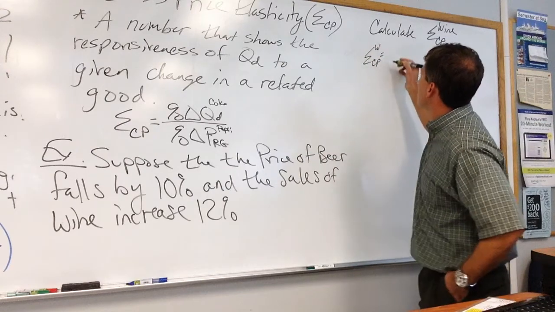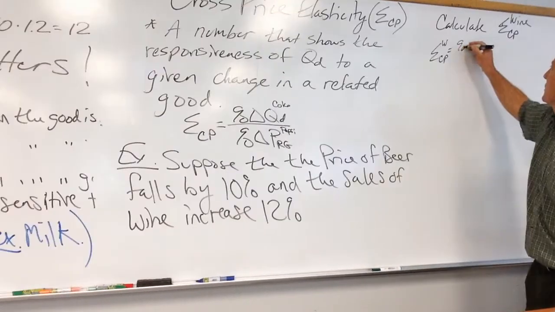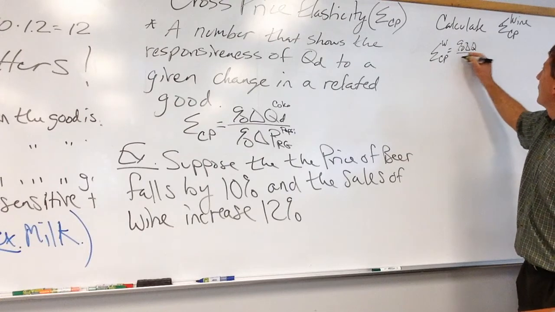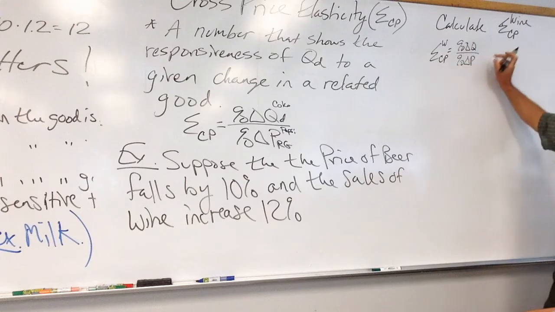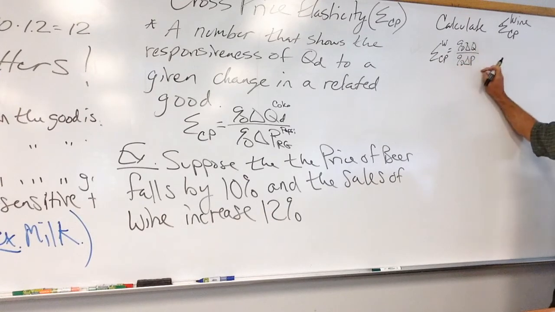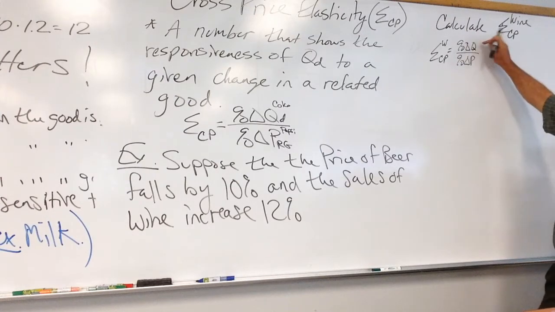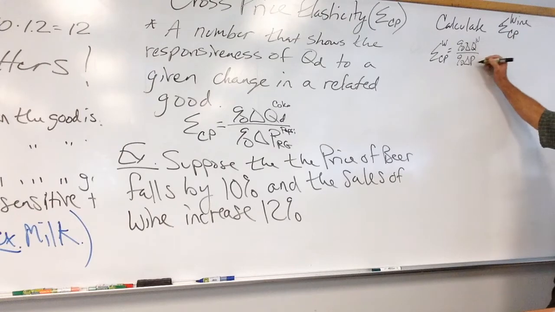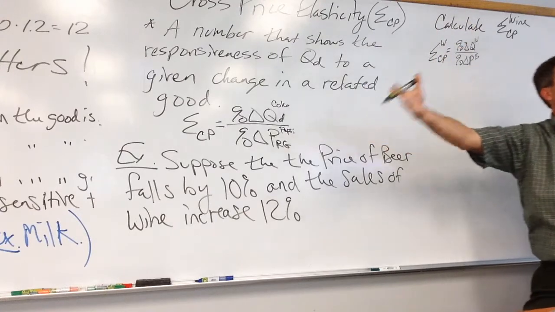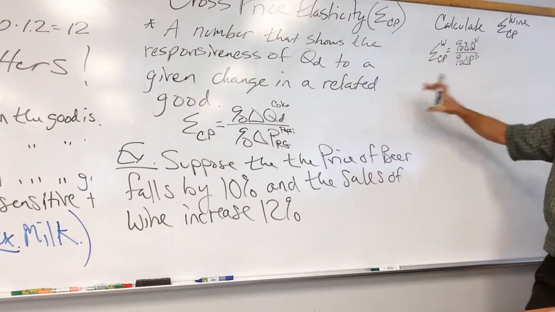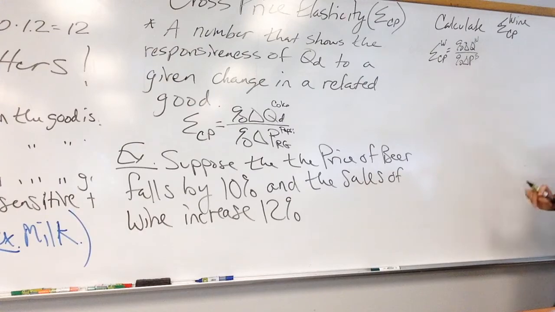The cross-price elasticity is the fraction of quantity over the fraction of a price. Which goes where? If we're looking at the cross-price elasticity of wine, what goes upstairs, what goes downstairs? Wine goes up, okay? And the price of beer is down here.